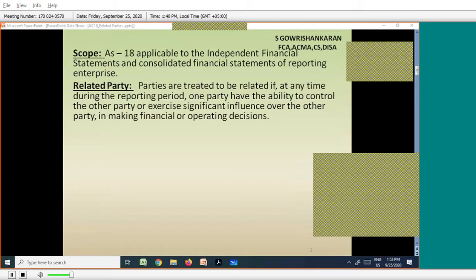So I will read this definition again. Parties are treated to be related if at any time during the reporting period. What is this reporting period? In India, what is the reporting period? As per you, financial year.